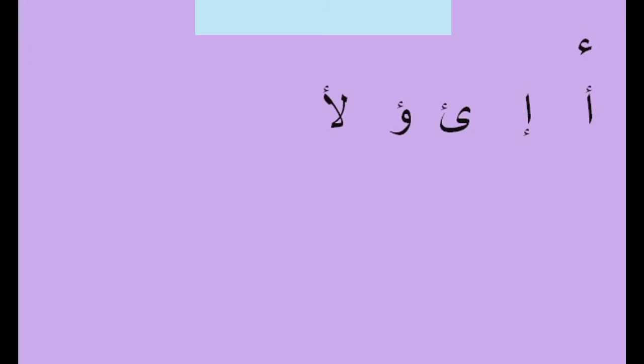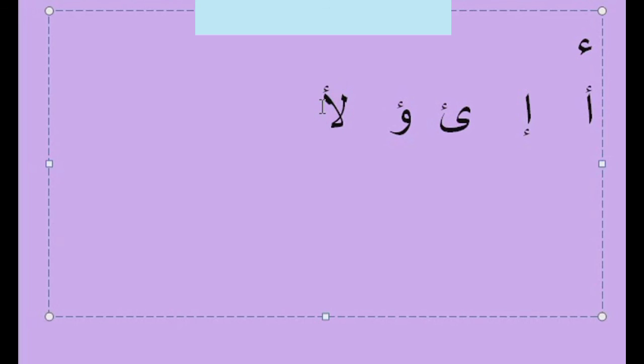Then next hamza, this one, yeah, actually. Okay, it can be like this one on top of alif, or below like this, or above waw, or above alif like this, or sometimes just like this, yeah.